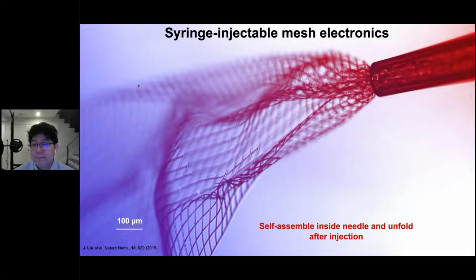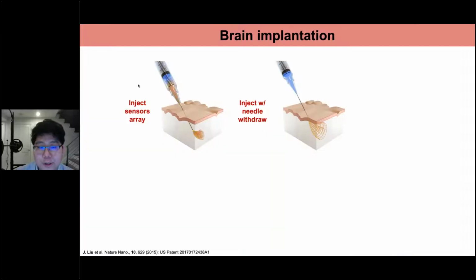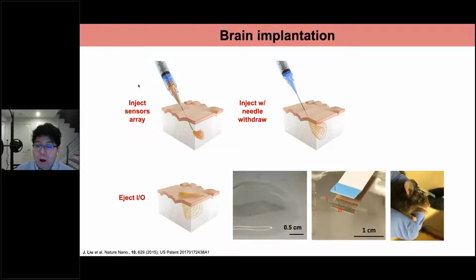This is the first example that we demonstrated in 2015, where we built syringe-injectable mesh nanoelectronics for brain implantation. We can inject the sensor region inside the brain, withdraw the needle, and eject the input and output pads on the outside of the brain.